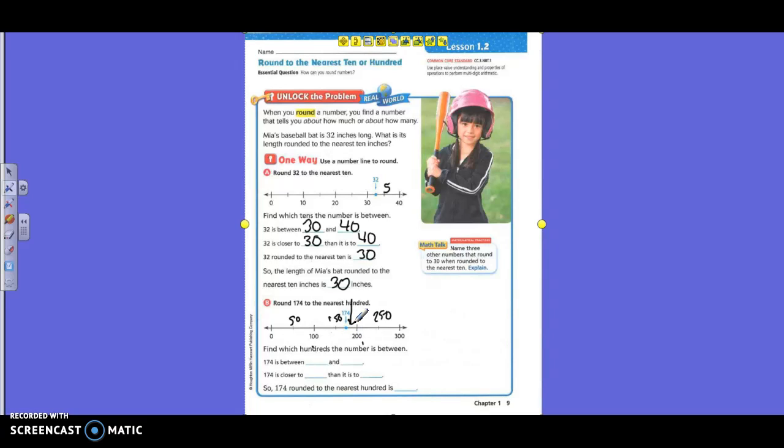But we are looking at 174. 174 is between 150 and 200. We're trying to figure out, though, what 100 it is closest to. And so we have 0, 100, 200, and 300. 174 is in between what two hundreds numbers? Bella? 100 and 200.